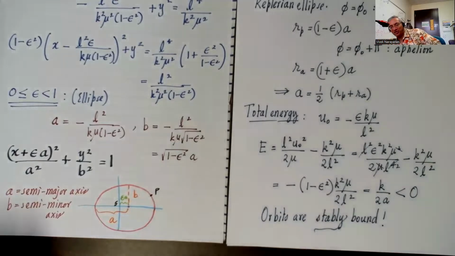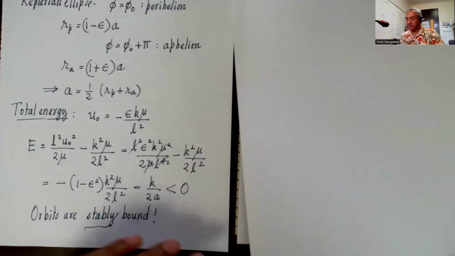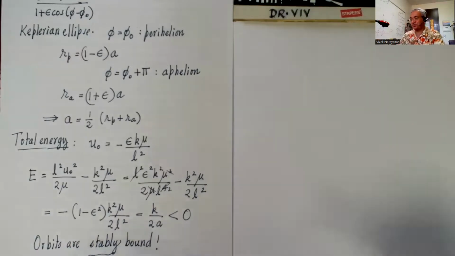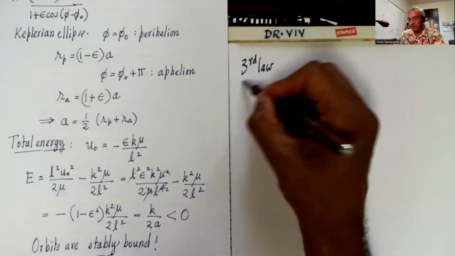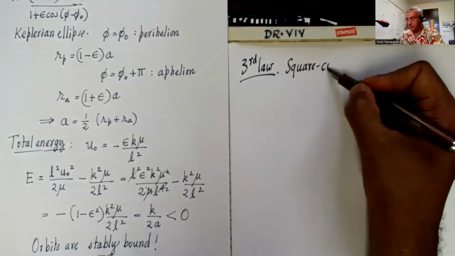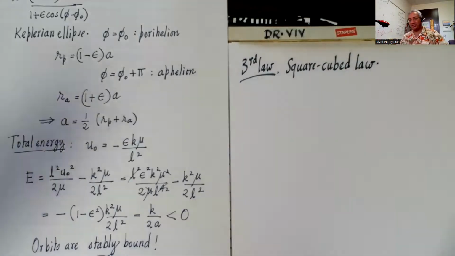Last thing is the third law of Kepler. Third law of Kepler is only valid for gravity. What is the third law of Kepler? The third law is sometimes called the square cubed law. Actually, rather than state it, I'll simply prove it for you.